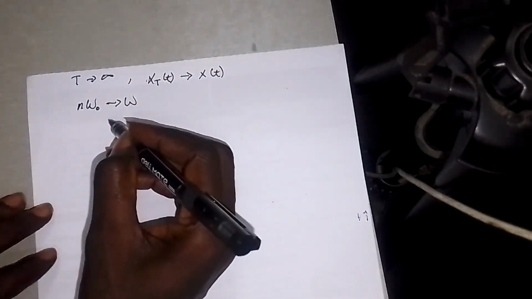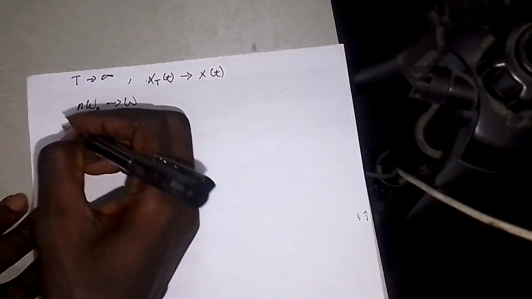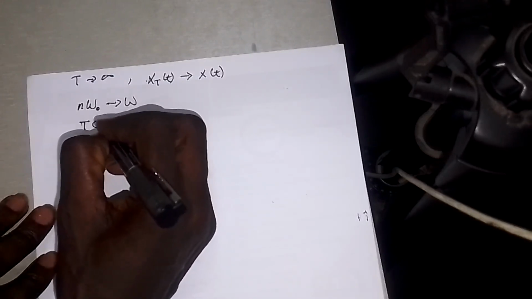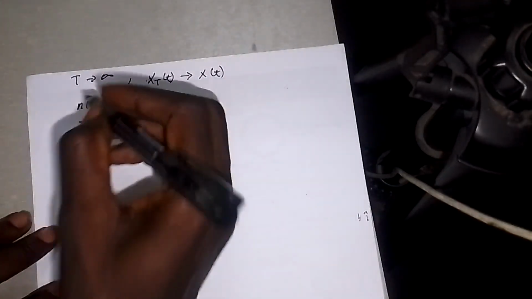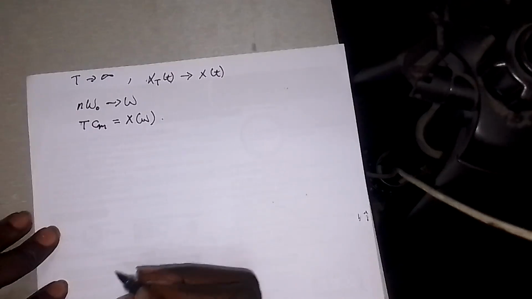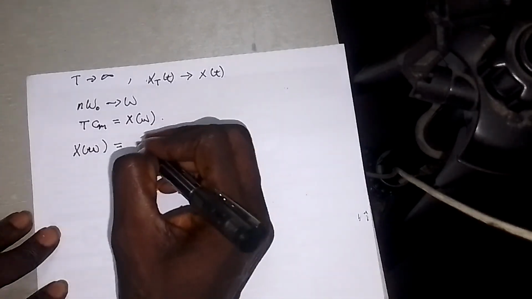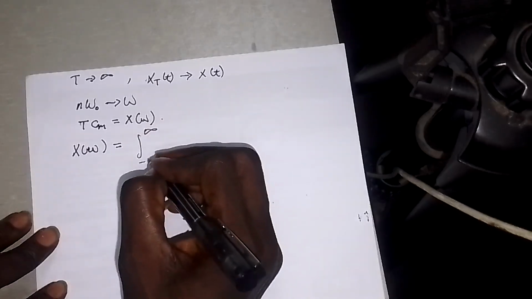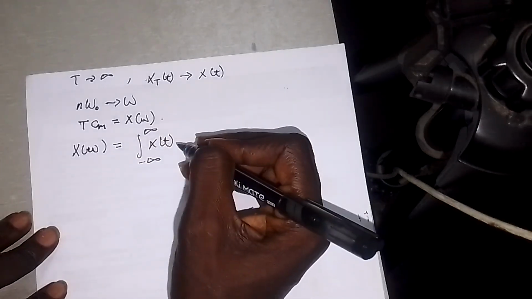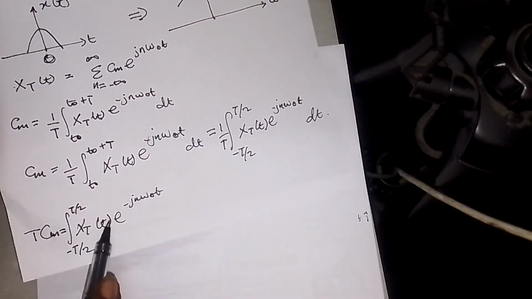So now if this is approaching omega, then from what I just wrote, what I can deduce is that T c_n is going to be equal to X of omega, where X of omega is equal to the integral from minus infinity to infinity of x of t, because I told you that this x_T of t is approaching x of t.